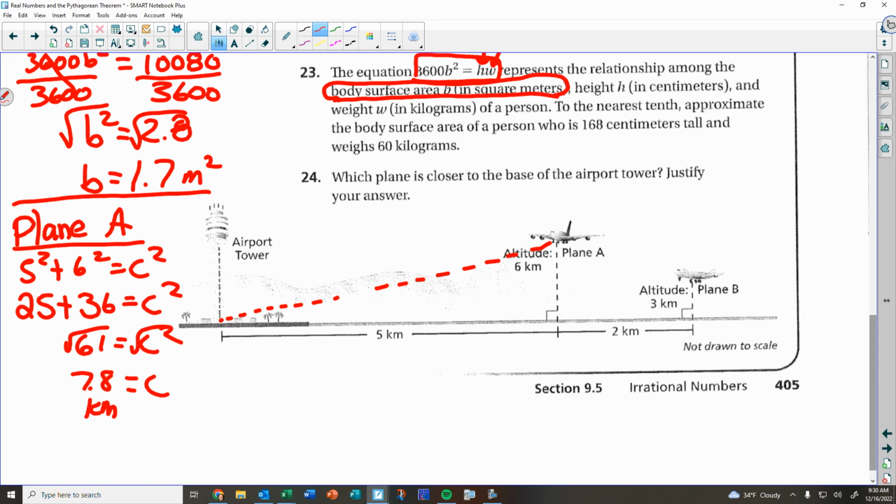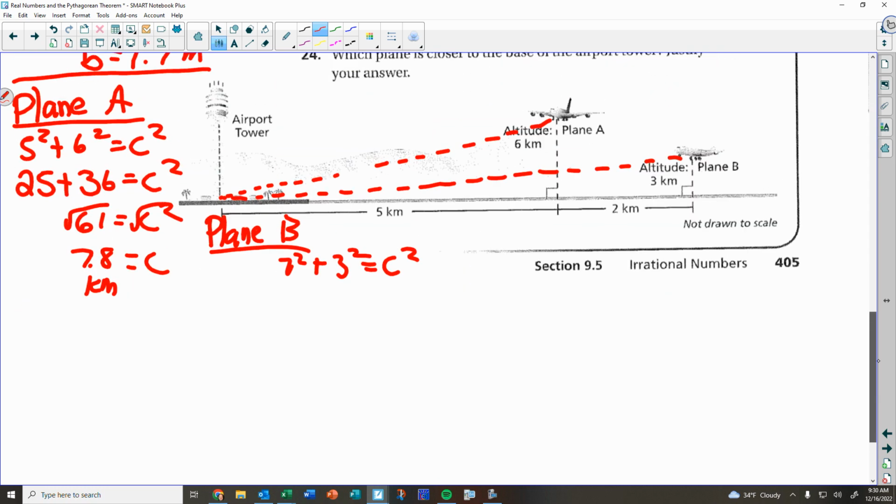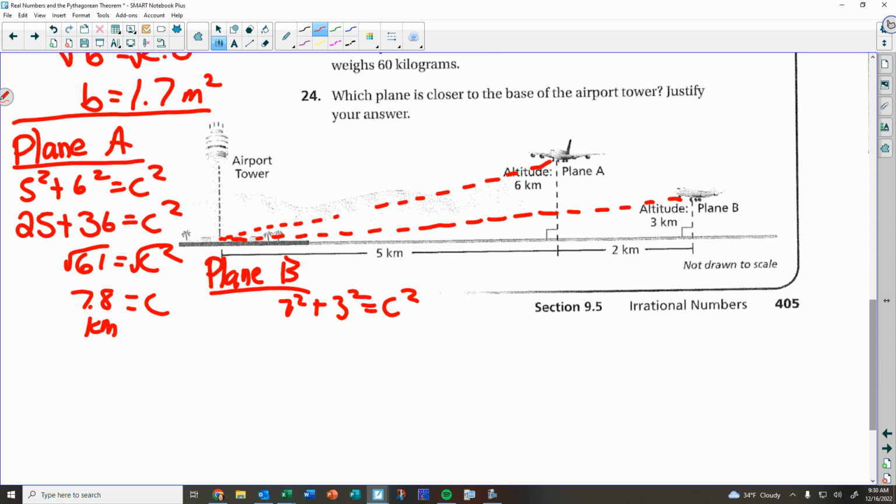Now plane B, which is all the way over here, is 7 by 3. So this is going to be 7 squared plus 3 squared. Let me extend this a little bit here. What's 7 squared? 49. What's 3 squared? When I add them together, I get 58.